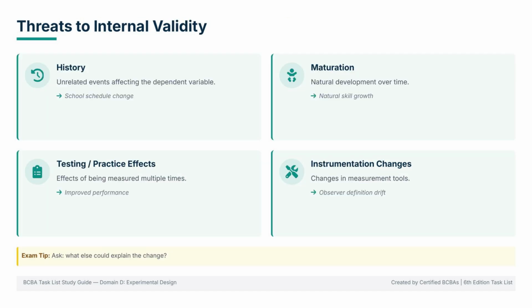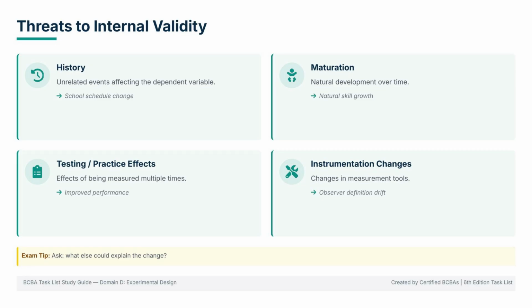Now let's talk about the most common threats to internal validity, and these show up constantly on the exam. First, history. This refers to outside events that happen at the same time as the intervention. For example, a school schedule change, a new teacher, or a major life event. Second, maturation. This is natural change over time. Skills often improve simply because of development, not because of treatment.